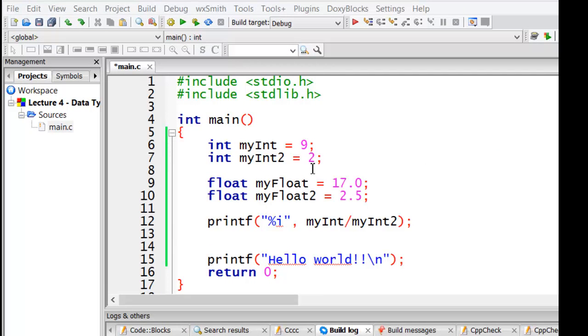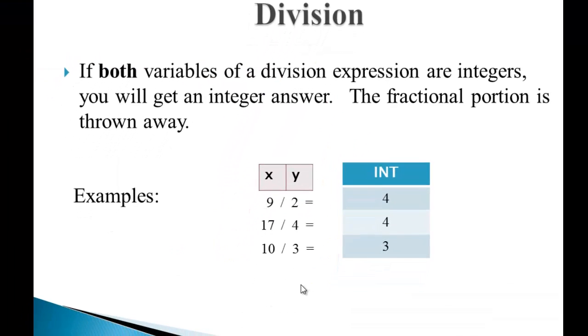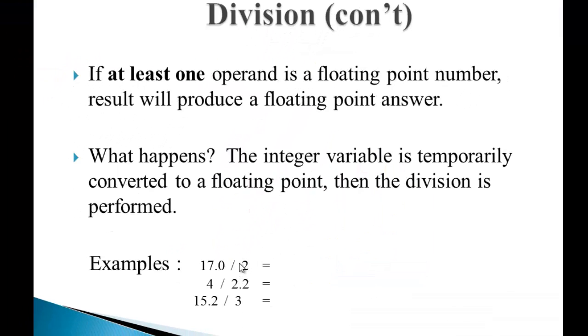So if you want the correct answer, one of your variables must be a floating type. Basically what happens is that the non-floating number will get temporarily converted to a floating number. Then you'll have 2 floating numbers, and then the division or multiplication gets executed.